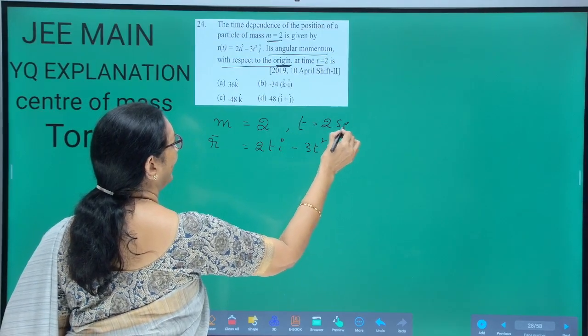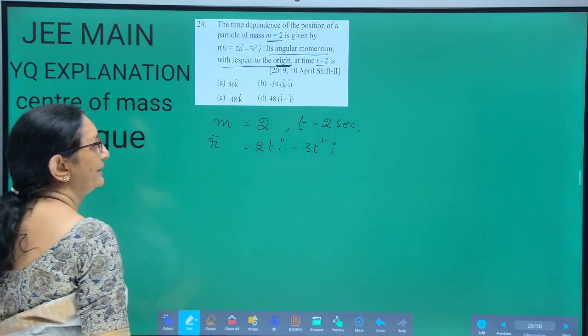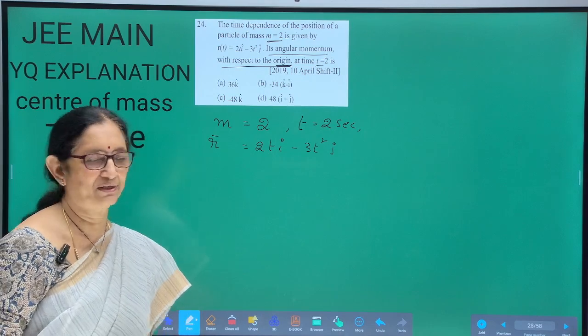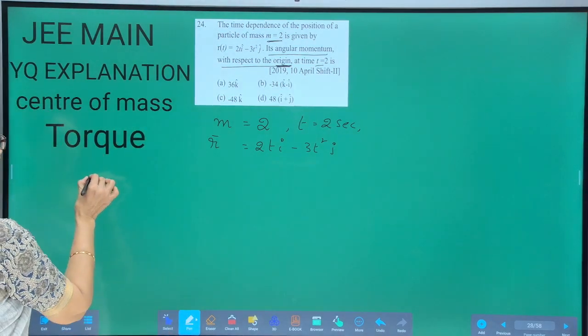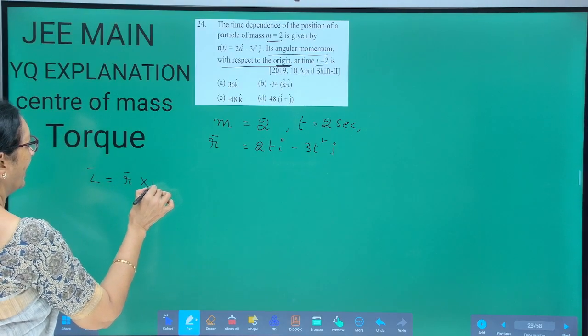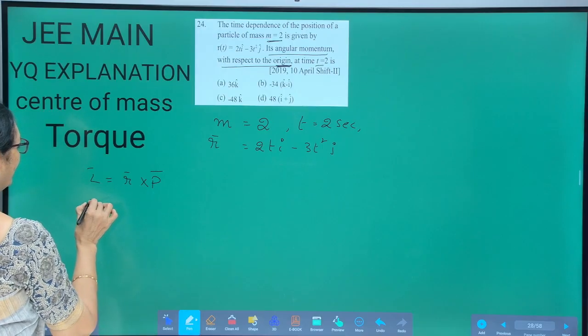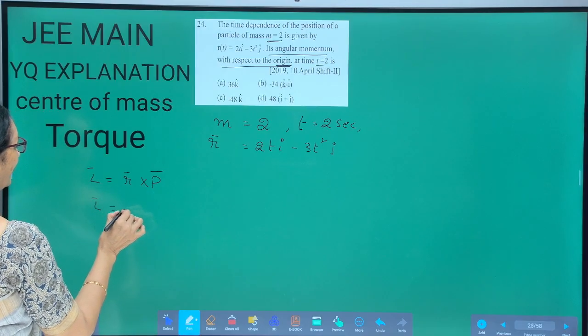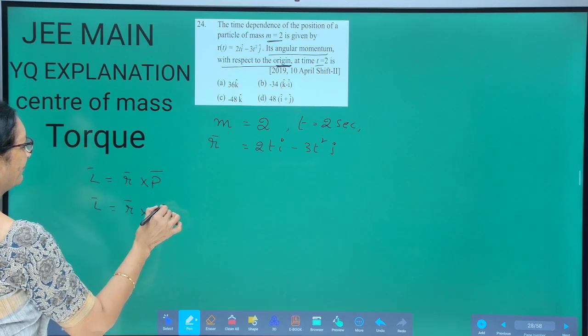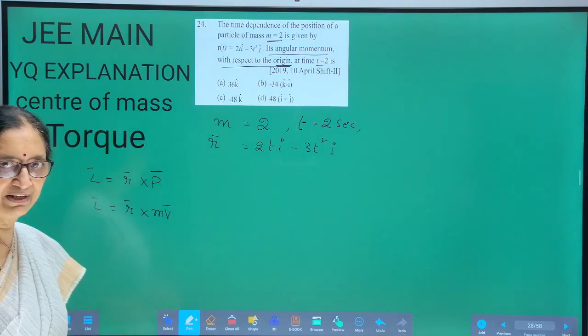So, what is the formula for angular momentum? L bar is equal to r bar cross p bar, where p bar is linear momentum, that is mv bar.